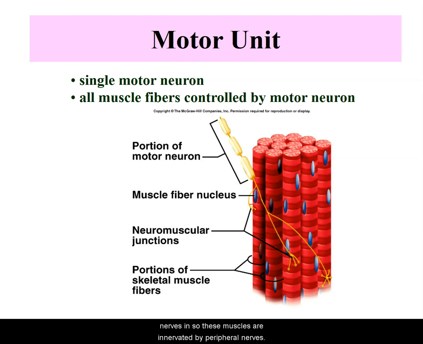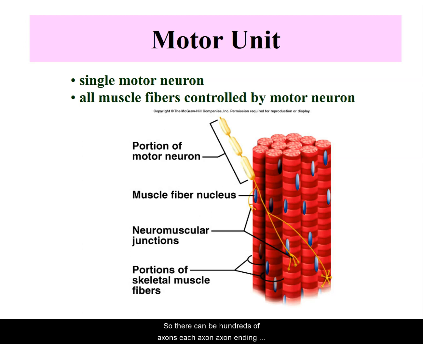And so these muscles are innervated by peripheral nerves that innervate that muscle, and it's broken down into these different axons of that peripheral nerve innervating motor units. So there can be hundreds of axons.